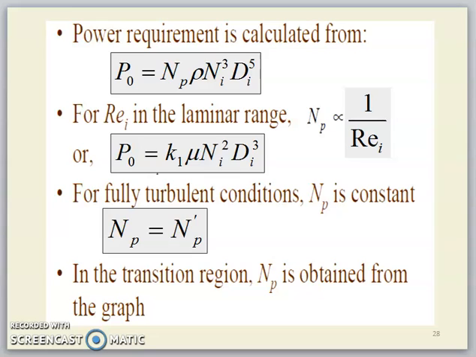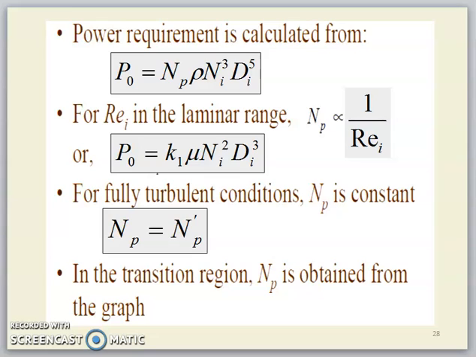In the laminar region, the power number is inversely proportional to the impeller Reynolds number. The power required for laminar flow is independent of the density of the fluid, but directly proportional to the fluid viscosity.